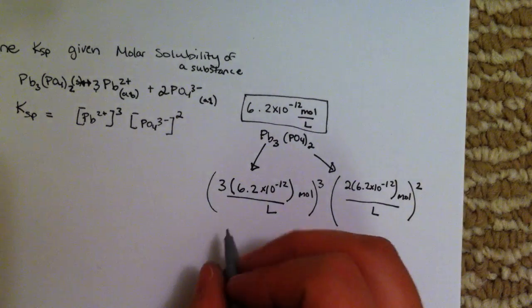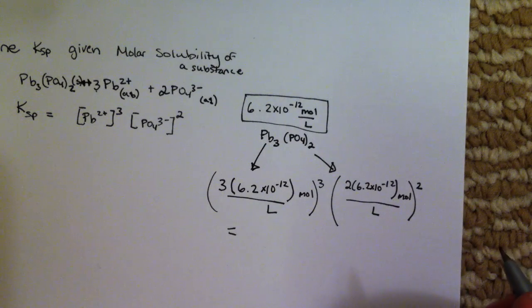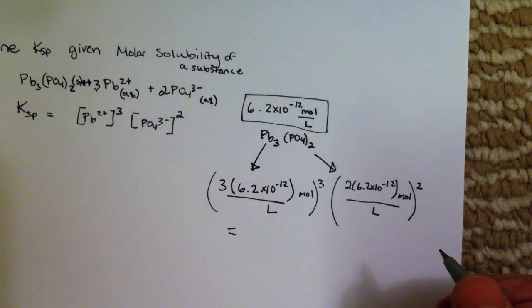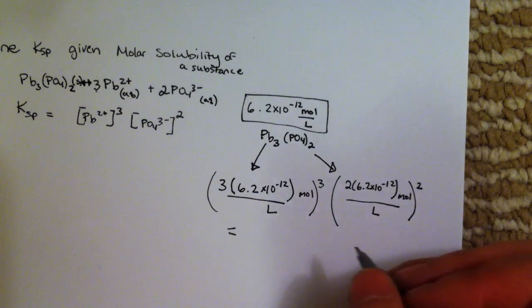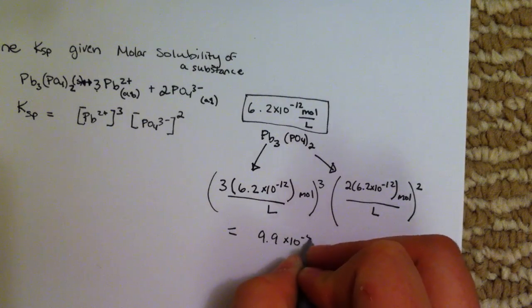All we do here is multiply those 2 together, and when you do that, you should get an answer for chapter 15, problem 78 of 9.9 times 10 to the negative 55.